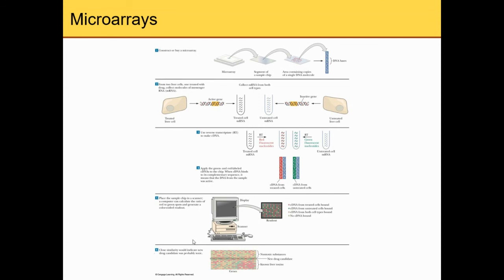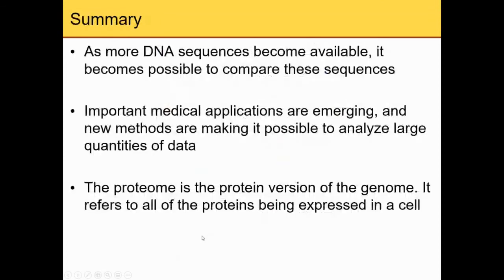Of course, those samples are labeled with fluorescence, either Cy5 or Cy3, and then you can determine the amount of DNA bound to a particular probe, so that you know either the copy number of a particular DNA or the expression level of a particular gene. So that's a microarray. Okay, so that'll be the end of chapter 13.